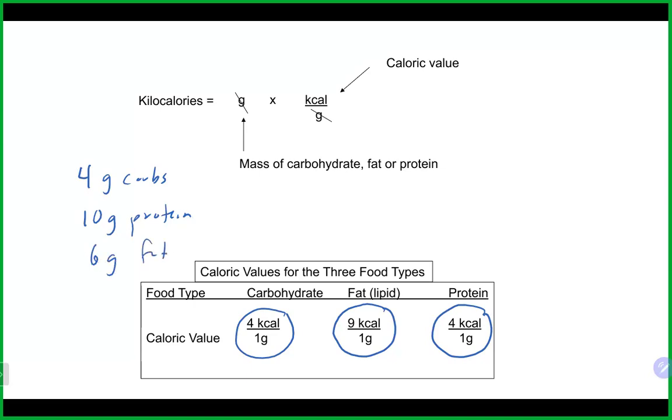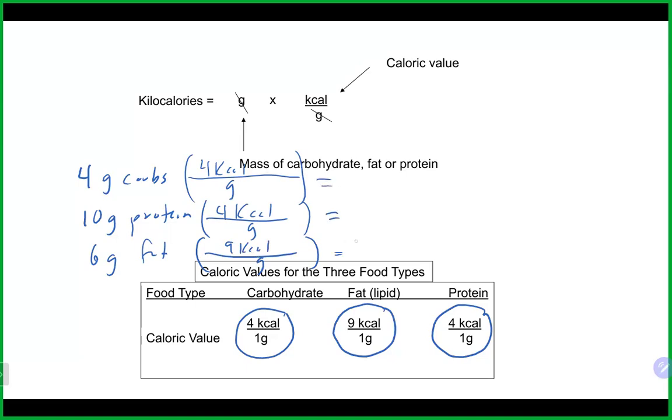And if you look on that nutritional label, you basically could just multiply each of these by their caloric value. So 4 grams of carbs, we would take 4 kilocalories per gram. For protein, also 4 kilocalories per gram. And for fat, it is 9 kilocalories per gram. And basically the grams cancel.